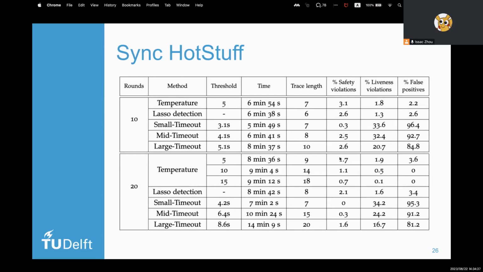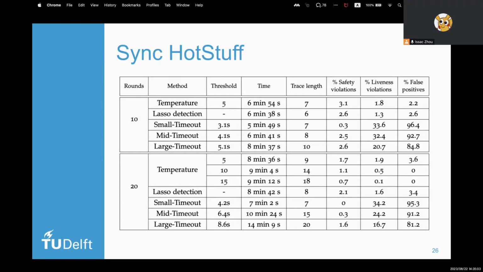Then we can see that there are some safety violations in the test scenarios. We reduced the number of test cases, so the execution time is shorter, because synchronous HotStuff is so slow.